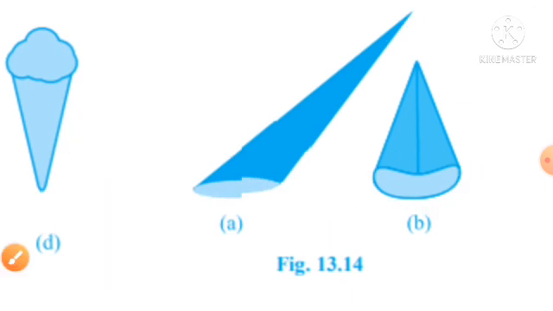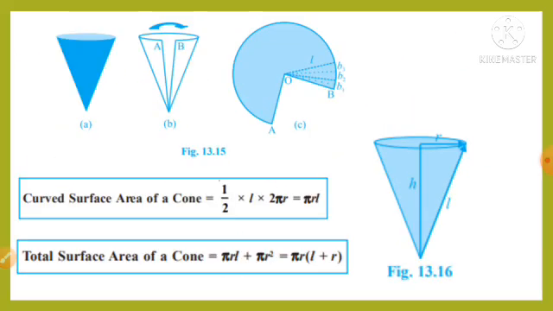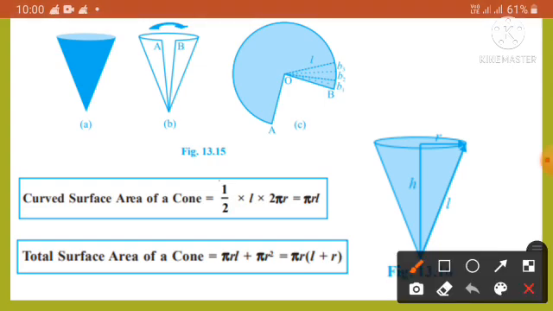Now we will do some activity for slant height and the lateral surface area. We are taking a paper made cone.